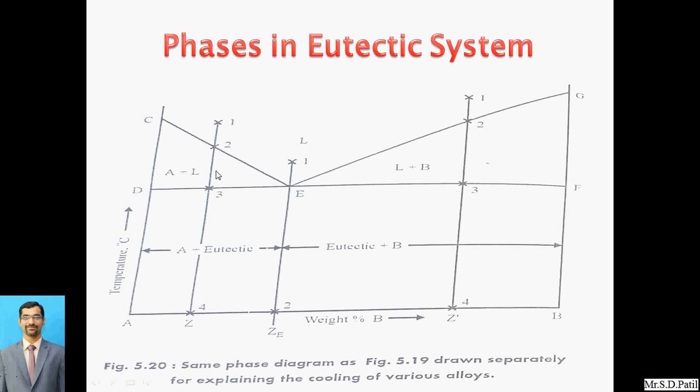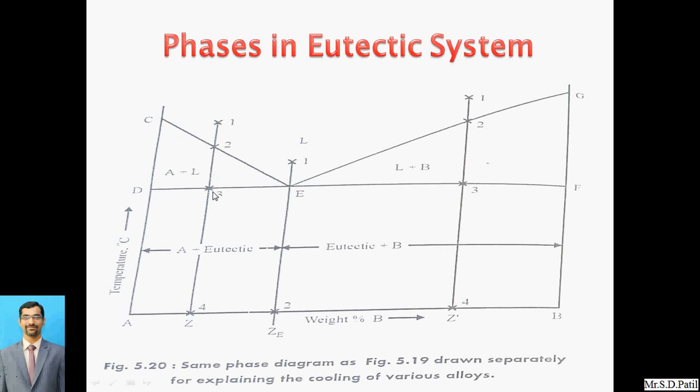It will continue up to point 3, and the composition of the liquid varies along the liquidus line. The composition of A does not change because there is no solubility of B in A, so only A will be formed.